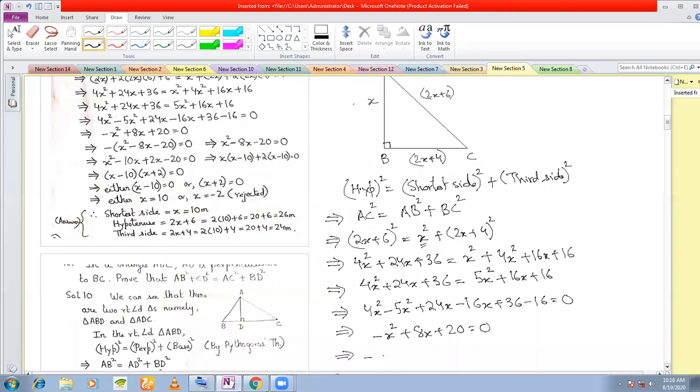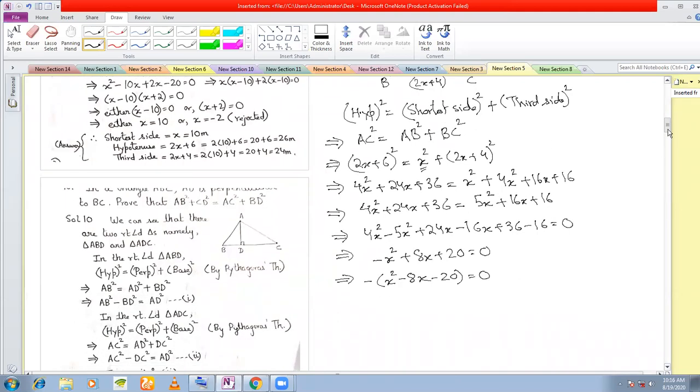Now you can take the minus common and make the coefficient of x square positive. So that means you have x square minus 8x minus 20 is equal to 0. Solve this quadratic equation by middle term factorization. The factors are minus 10 and plus 2.